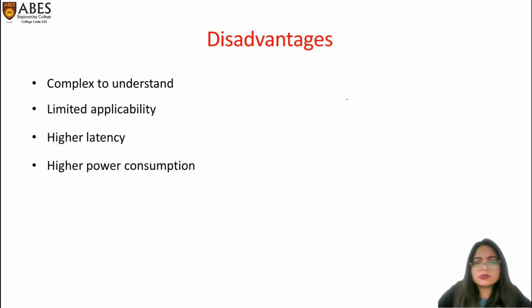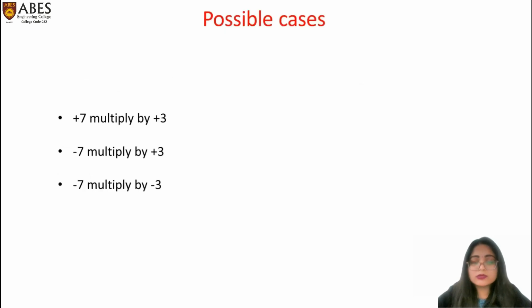Then there is higher latency: until we complete the cycle for one counter bit, it cannot be completed for the next counter bit. And there is higher power consumption, so it can take higher power also.